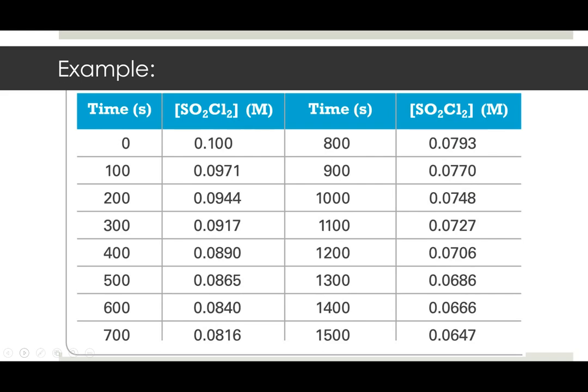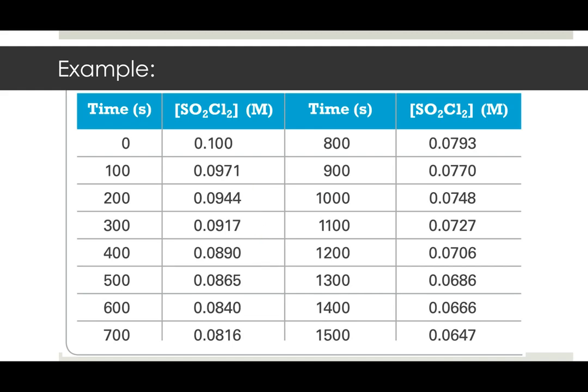So let's look at an example. Let's throw some actual numbers on here. So let's say we collected this data. Temperature remained the same. We somehow monitored the concentration of this reaction. And so every 100 seconds, we measure the concentration of our reaction. So we saw that the concentration continues to go down as the seconds tick by.